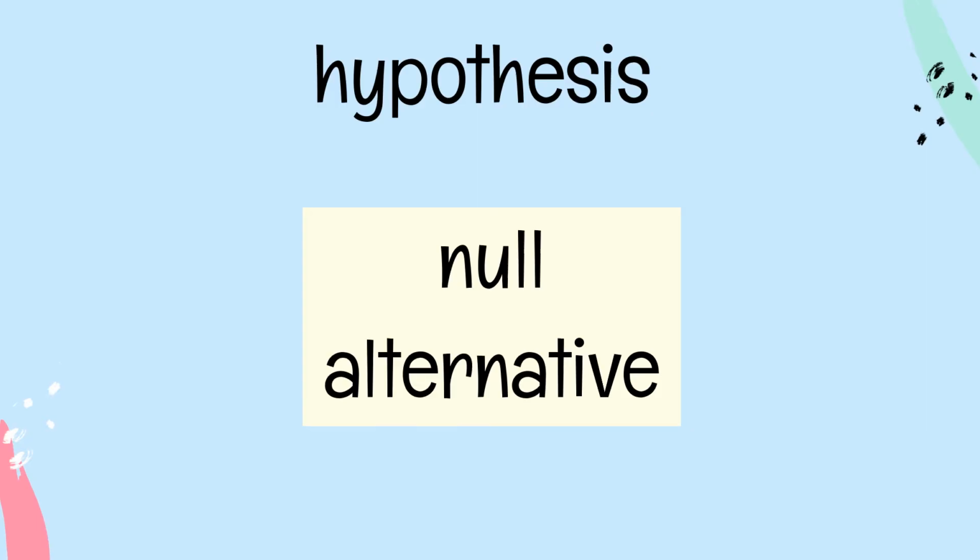Now let's go to formulating the hypothesis. A hypothesis in general is an assumption that is yet to be proven with sufficient pieces of evidence. A null hypothesis is the hypothesis that a researcher like you is trying to disprove.